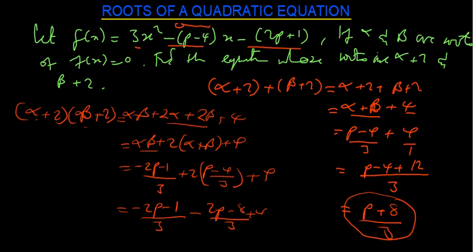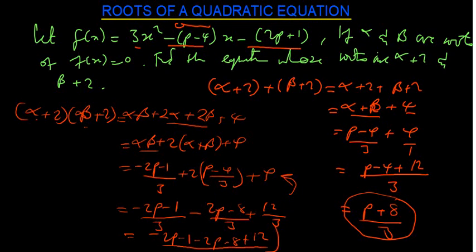So if we merge these, they have got the same base. Okay, this is 4 here. Now I can write 4 as 12 over 3 so that they all have the same base. Hope we don't get confused. 12 over 3 is the same as 4. I haven't changed anything. So what we have is negative 2p minus 1 minus 2p minus 8 minus 12. Sorry, that will be plus 12. Then everything we are dividing by 3.